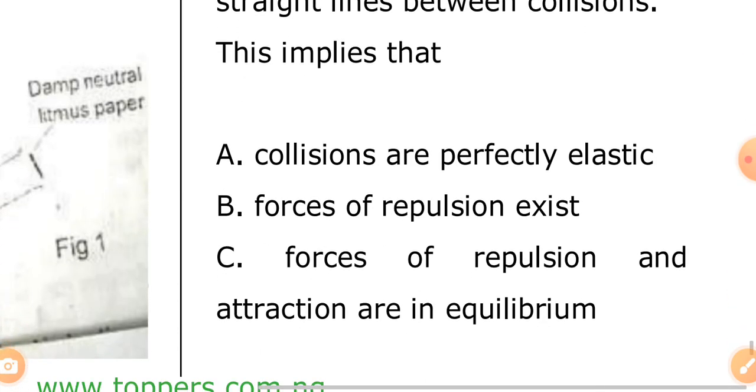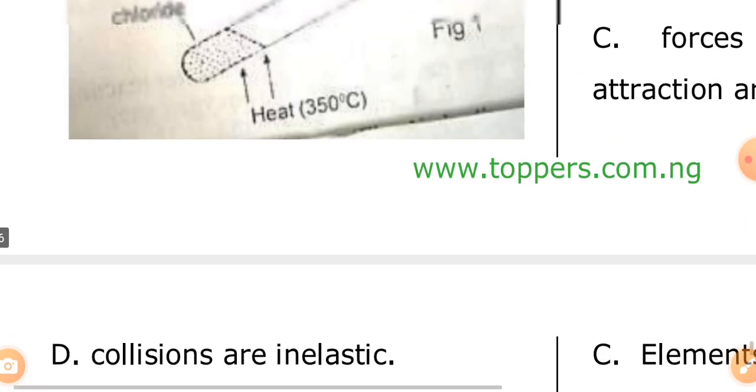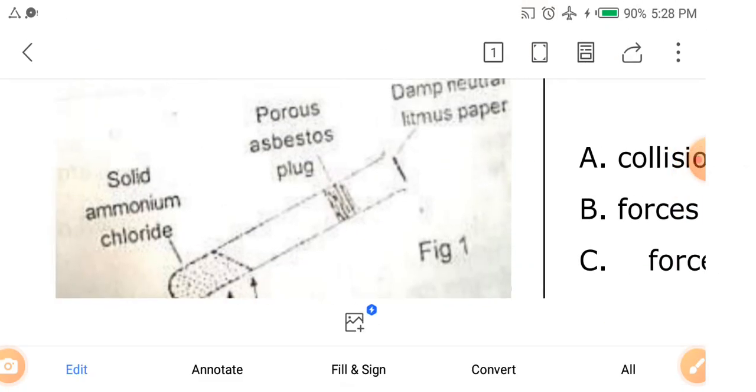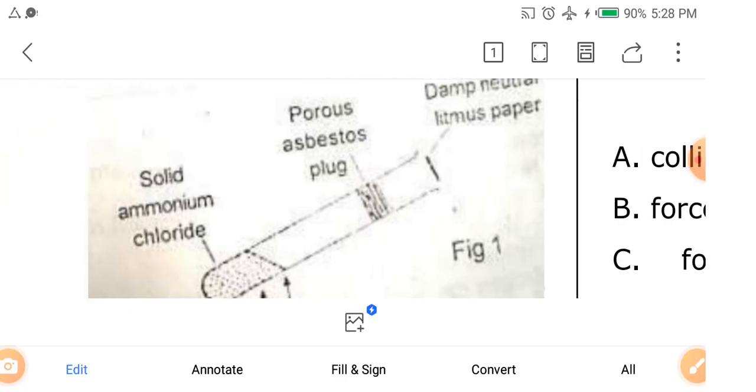This implies that A, collisions are perfectly elastic. B, forces of repulsion exist. C, forces of repulsion and attraction are in equilibrium. D, collisions are inelastic. The answer is B. Forces of repulsion exist. As they move, they are repelled. They keep moving around.